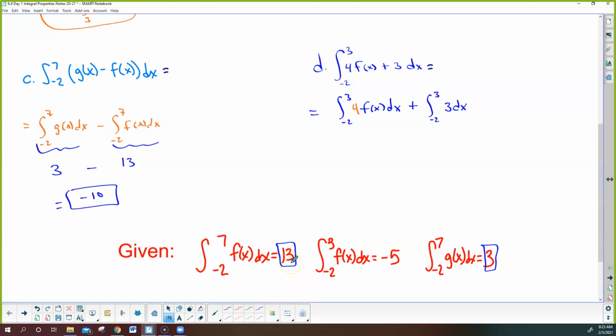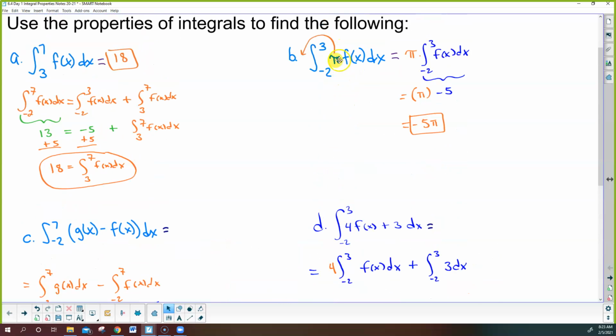Okay, so that's the first piece. Now, within that same step, notice this 4 only belongs to this integral. So if that 4 only belongs to this integral, then we can pull the 4 out as a multiplier the same way we did with the pi.